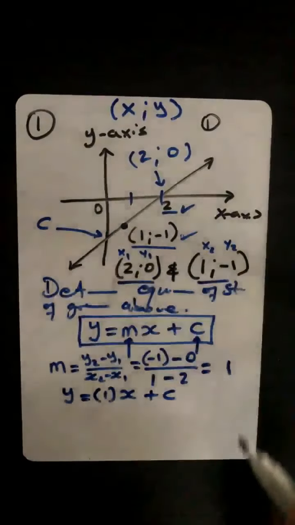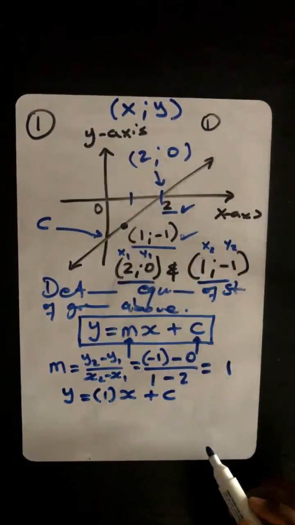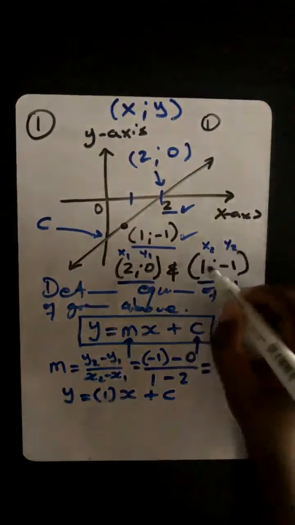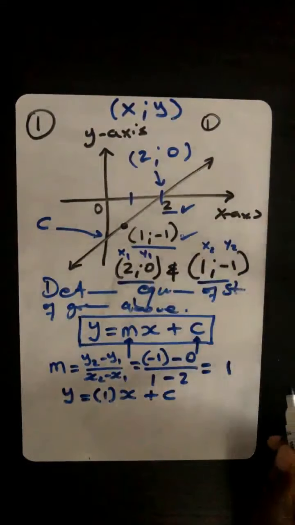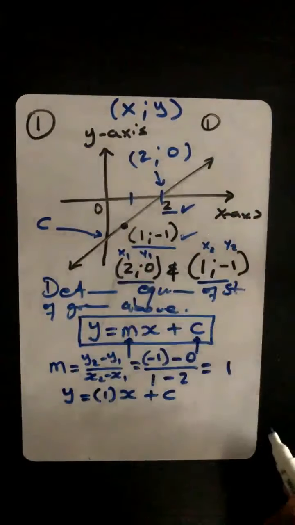So normally, I like using a point which doesn't have negatives because it makes it easy for us to calculate. If you use that point, it's fine, you will still get the same answer, but it's best to use a point that has only positives or a point that doesn't have fractions.